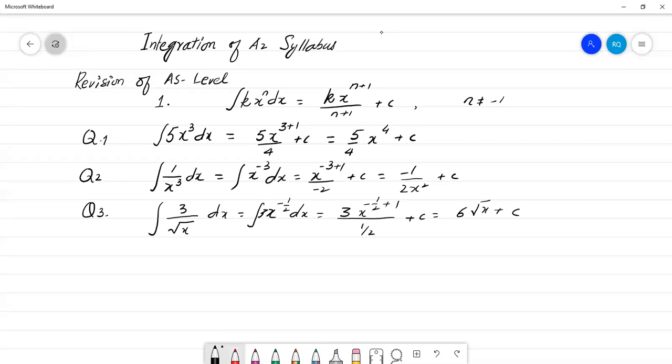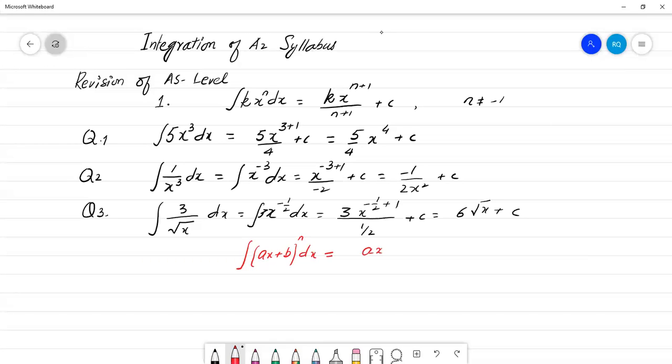Now in AS level, then we have the second rule. What was the second rule? If you have the whole power in integral sign, just like this one, whole power. Okay, in AS level, you have just like this one, ax plus b raised to power n. So you have to find the integral of this one.